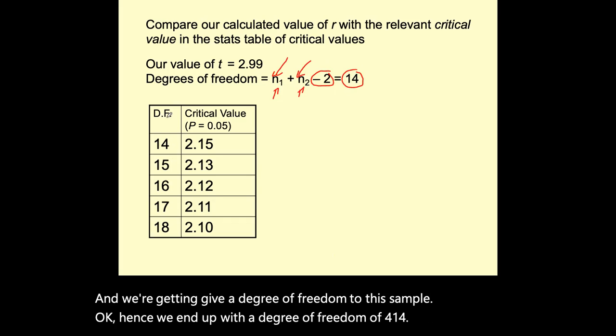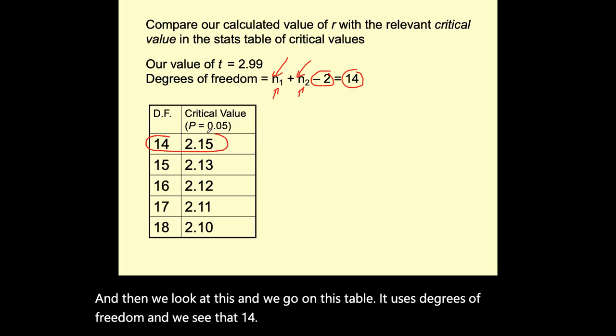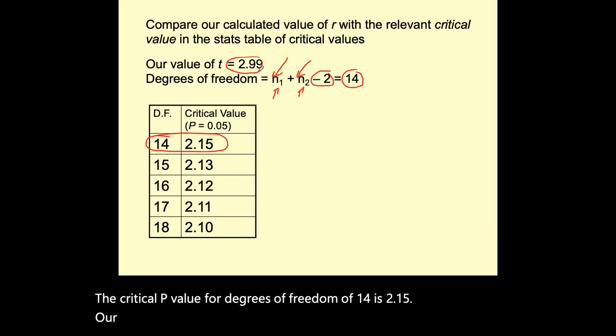And then we look at this table, which uses degrees of freedom, and we see that the critical value for 14 degrees of freedom is 2.15. Our statistic is 2.99.